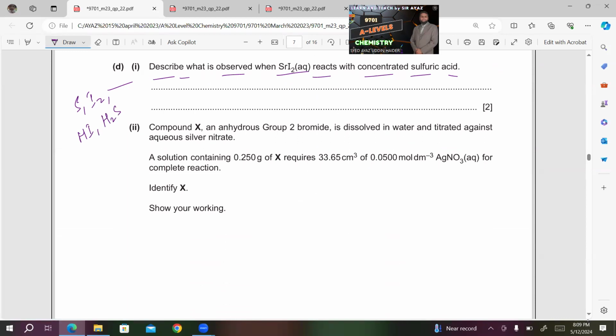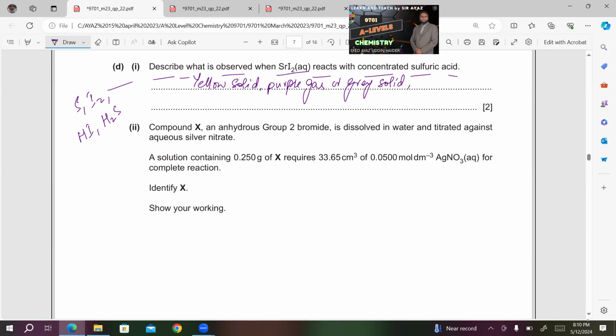So for sulfur, what you will write, it must be produced as a yellow solid. So you'll write yellow solid here. For iodine, what will you get? You will get purple gas or gray solid. What about hydrogen iodide?